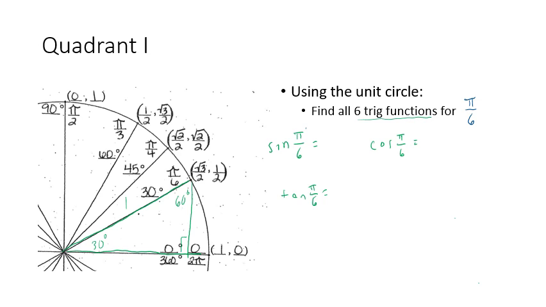So if I think about the opposite, well, I know that that corresponds with the height right here, or the y value. And the adjacent corresponds with being over root 3 over 2, pulling those from that coordinate. So if we wanted the sine, we would want to divide 1/2 by 1, which is just 1/2. If we wanted the cosine, the adjacent over the hypotenuse, we would divide root 3 over 2 by 1, which is just root 3 over 2.